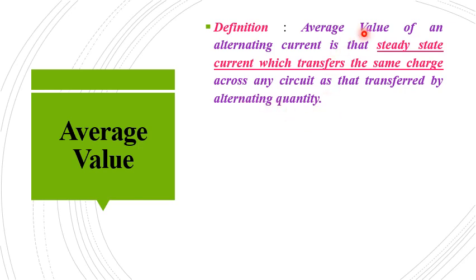So here we can say that it's actually the DC equivalent of an alternating current. It's a DC value of the current which can transfer the same charge as an AC current.